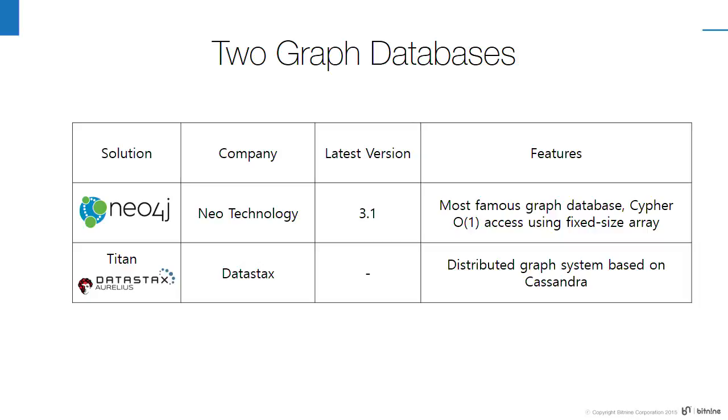Titan was developed originally by Aurelius, but they were acquired by DataStax last year, so the name was changed to DSGraph. Titan is a distributed graph database, and it uses other NoSQL databases like Cassandra or HBase as its backend storage.